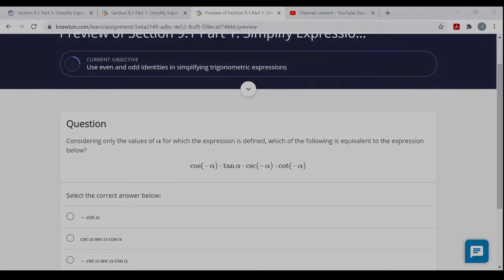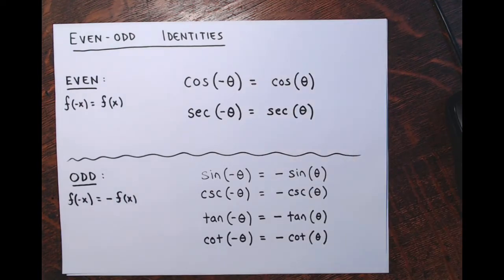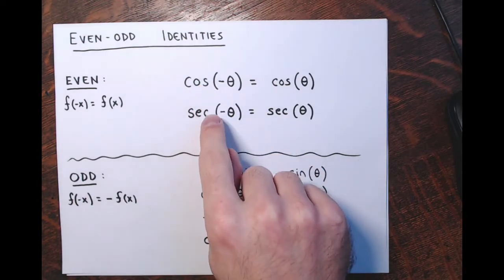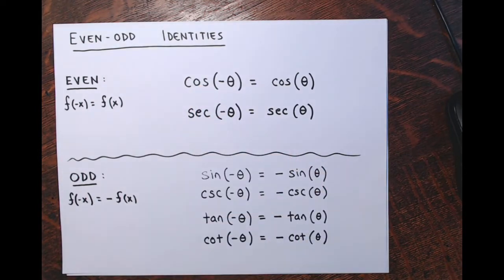All right. Before I get into the expression, I want to talk about all the basic identities again. I'm going to bring these up in every video for this section. The one that this particular objective is on is the even-odd identities. Remember, the cosine function and the secant function are the only two even functions.